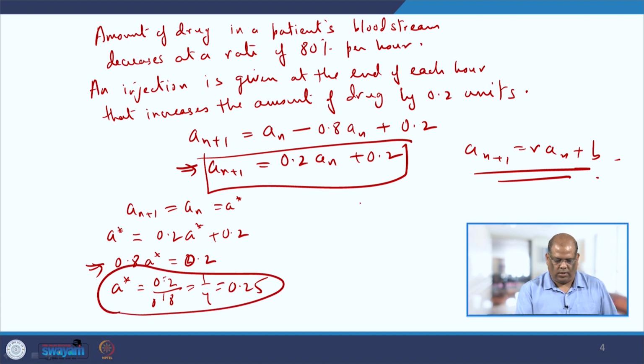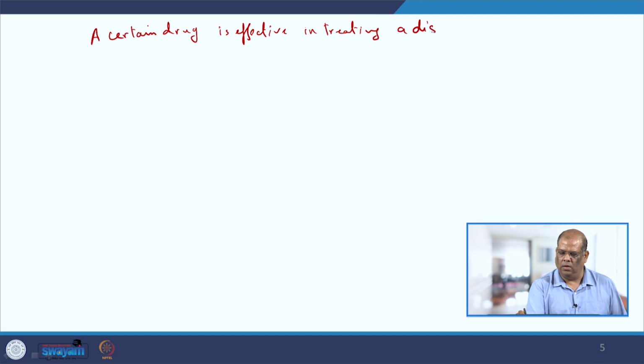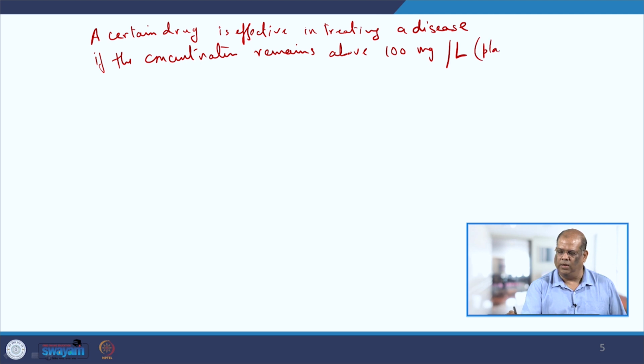So, this is your equilibrium solution. Let us take another example. We assume that a certain drug is effective in treating a disease if the concentration of the drug remains above 100 mg per L. This L is some plasma concentration, a unit commonly used.